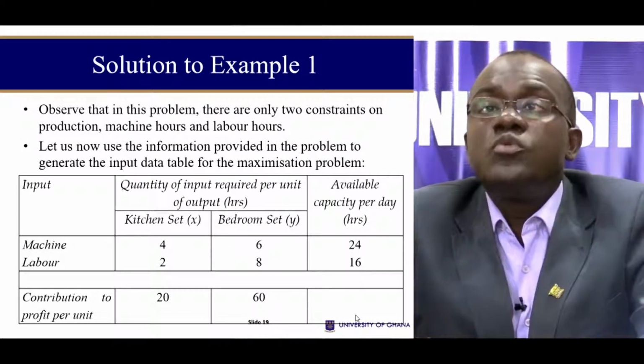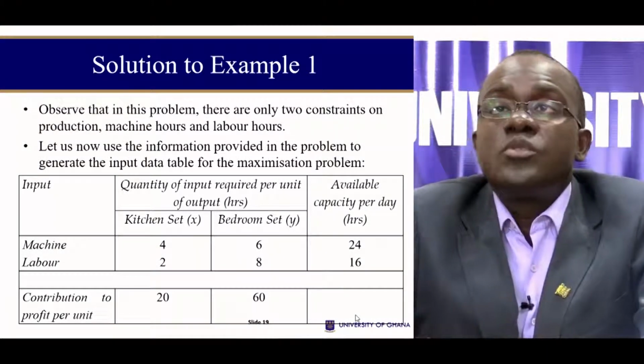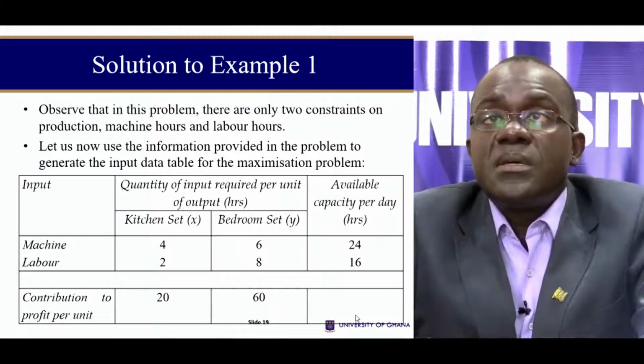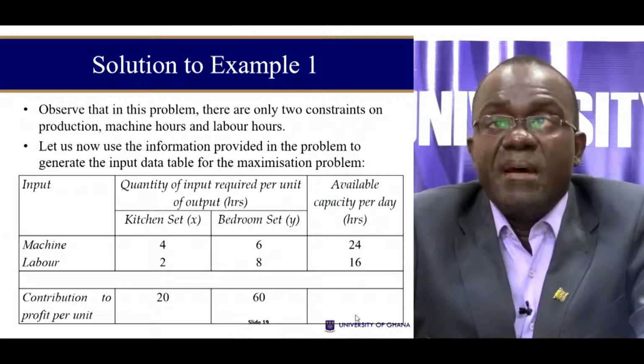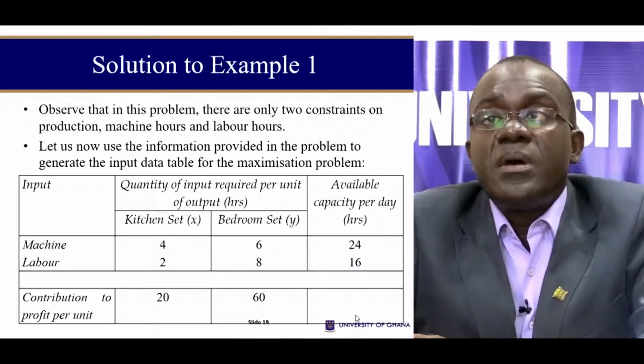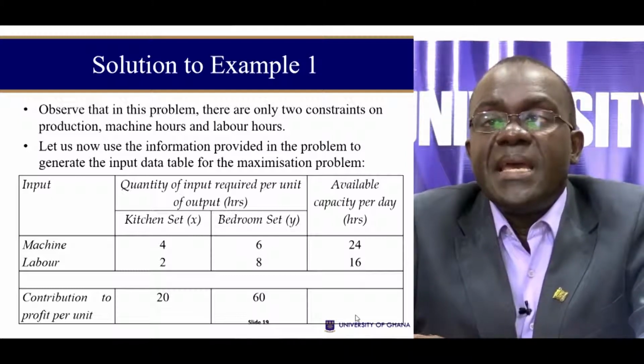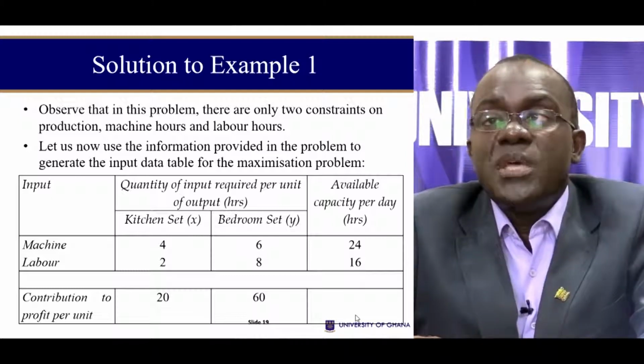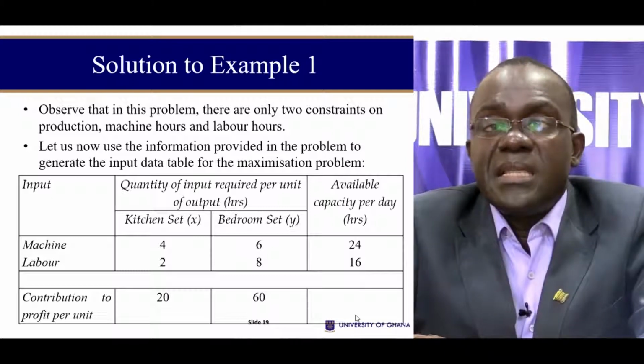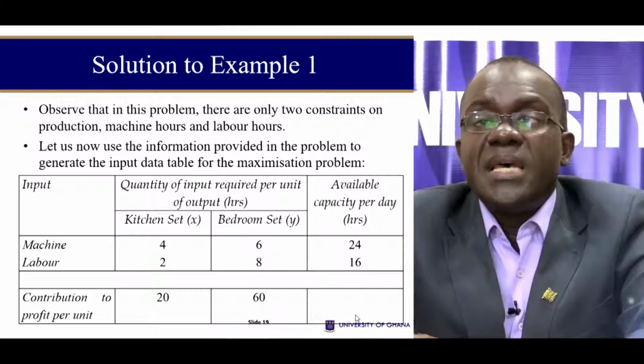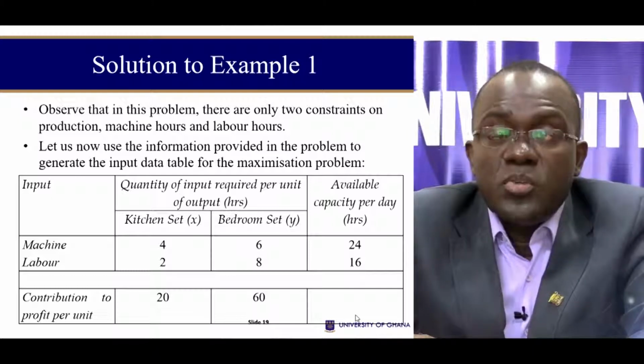So if we want to reduce the question to inequalities, this is what we are going to have. These are the inputs, the labor and machine. If it wants to produce a kitchen set, it needs that and it needs that. If it's producing a bathroom set, it needs that, it needs that. So these are the contributions to profit.